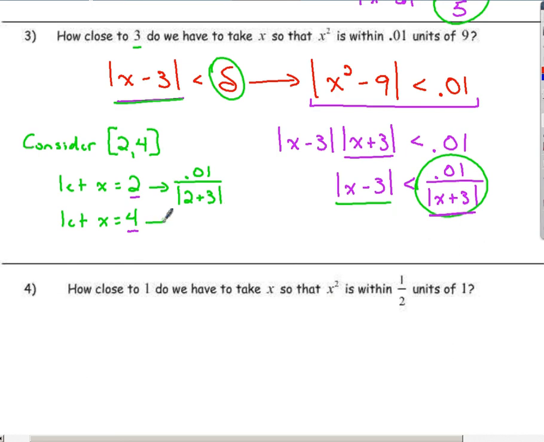And when x is 4, you got 0.01 over the absolute value of 4 plus 3. Calculate that out. You got 0.01 over absolute value of 5, which is 5. And down here we got 0.01 over absolute value of 7, so 7.